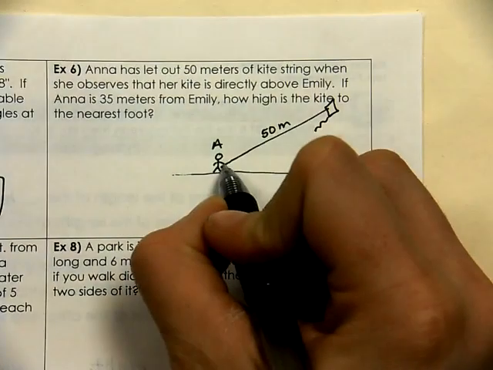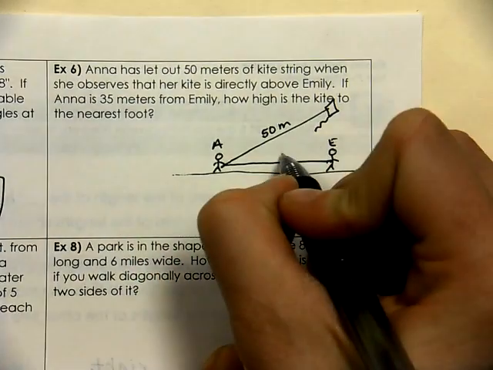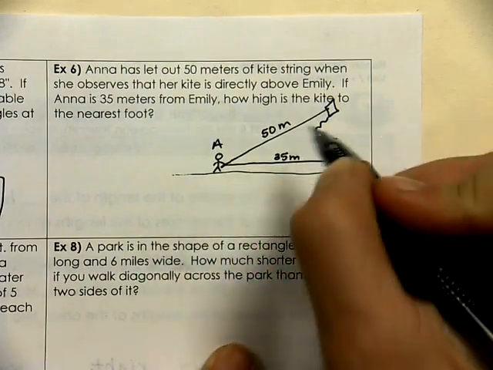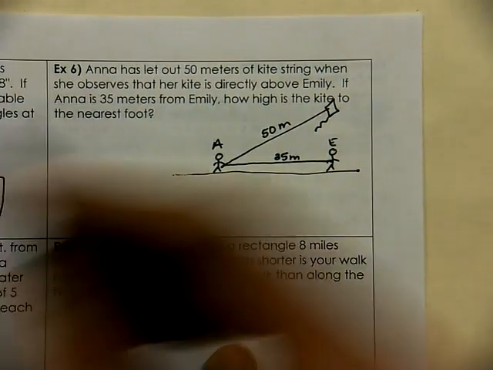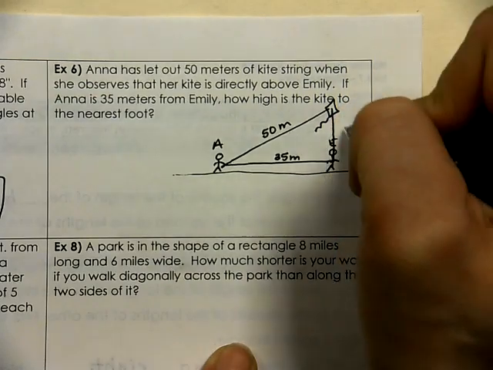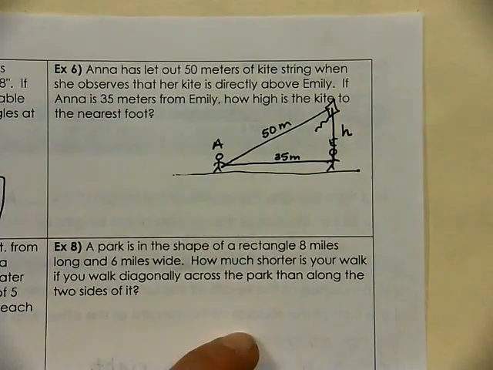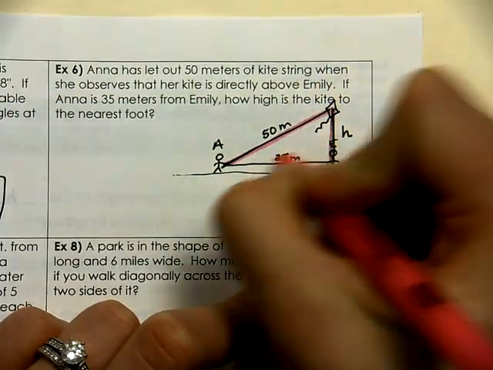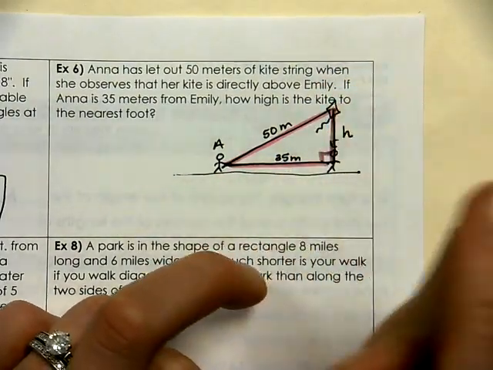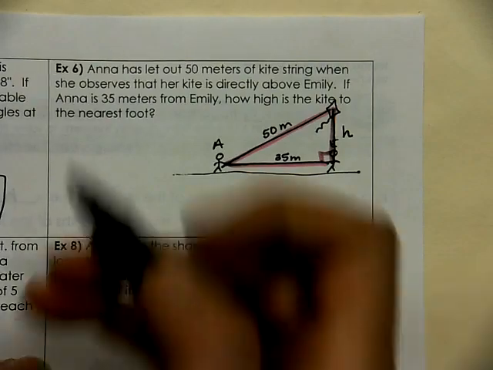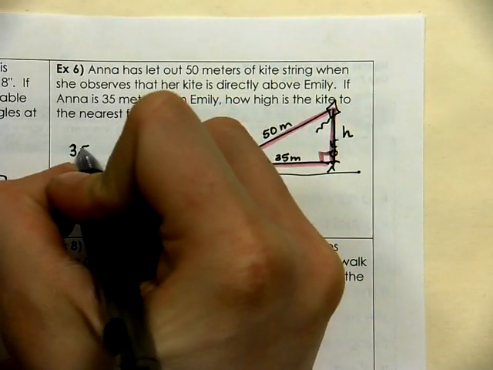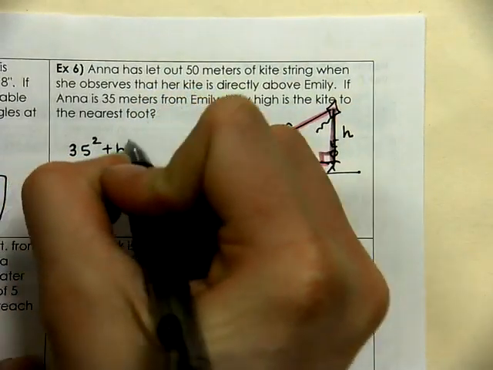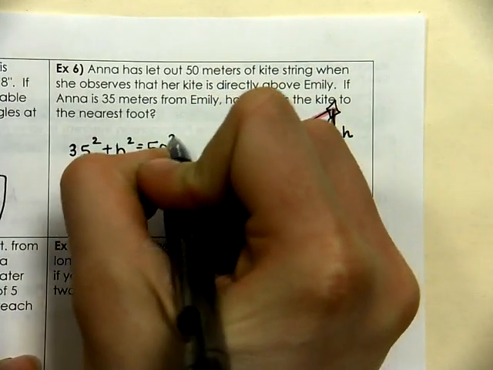If Anna's 35 meters from Emily, so 35 meters, how high is the kite to the nearest foot? This is what we want to know. We want to know the height. So again, our right triangle appears in the picture. So we have 35 squared plus height squared equals 50 squared.